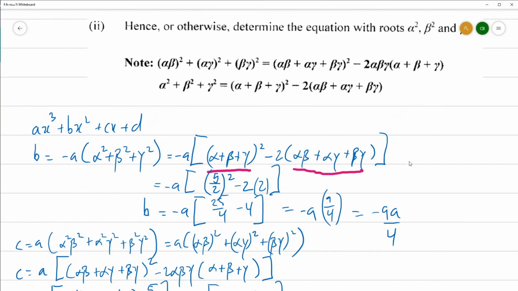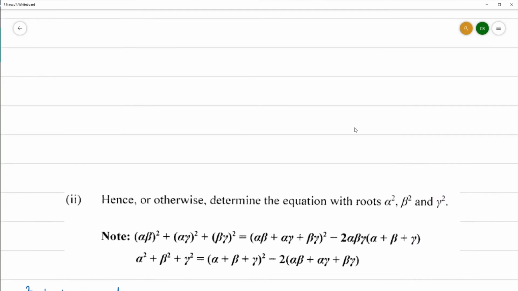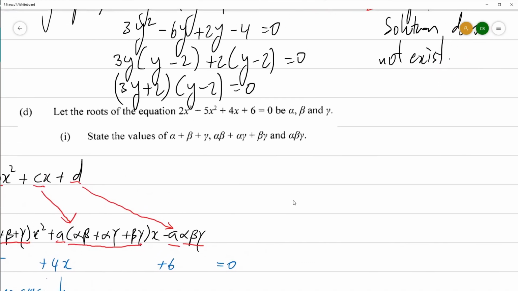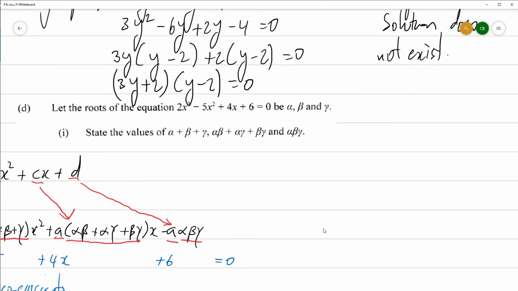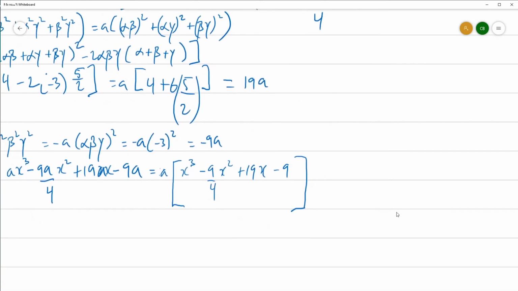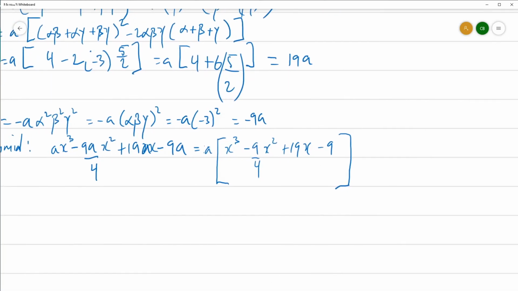Well, the strange thing when this question was written, if you go all the way on top here, it was equal to 0. So if a is equal to 0, then we get to remove the a, factorize out the a.